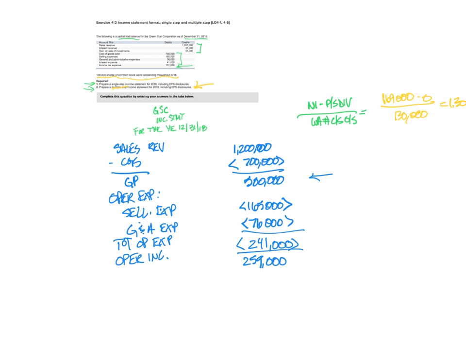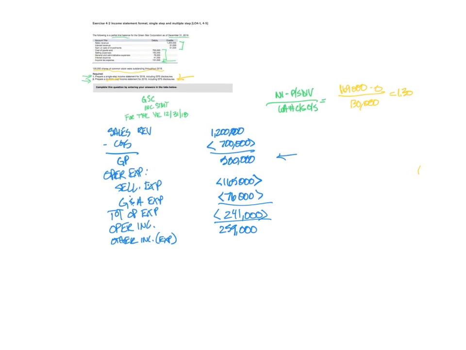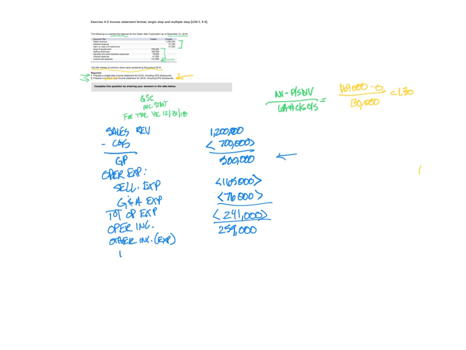We'll then go to other income. And we could also have other expense in here. So we'll call it other income and expense. Included in here, we'll have our interest revenue. Interest expense and revenue is classified as that non-operating piece, that other income piece.